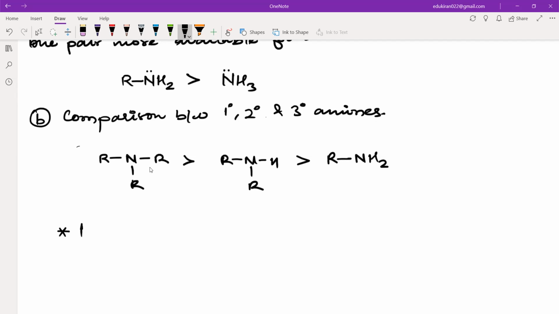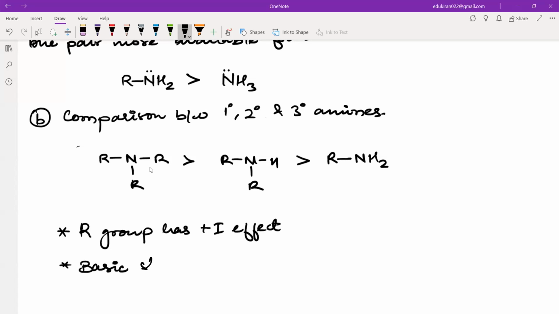Because the R group, that means alkyl group, has plus I effect, and basic strength is directly proportional to the number of plus I groups, the number of groups that is going to give the electron density. Okay, is this clear? Yes or no? Yes, sir. Okay.